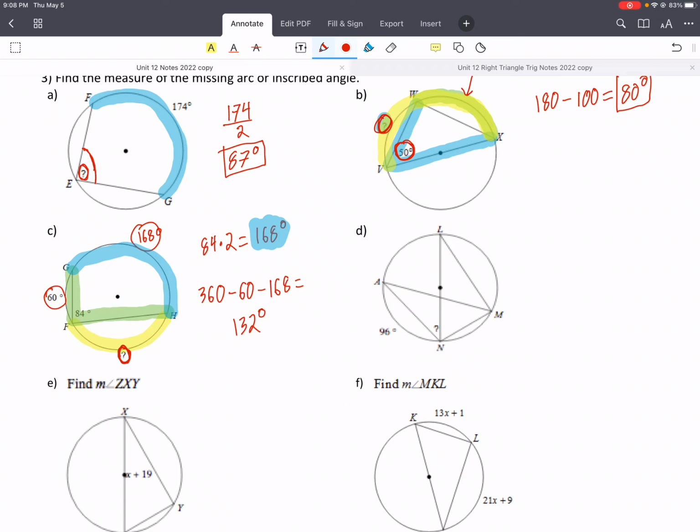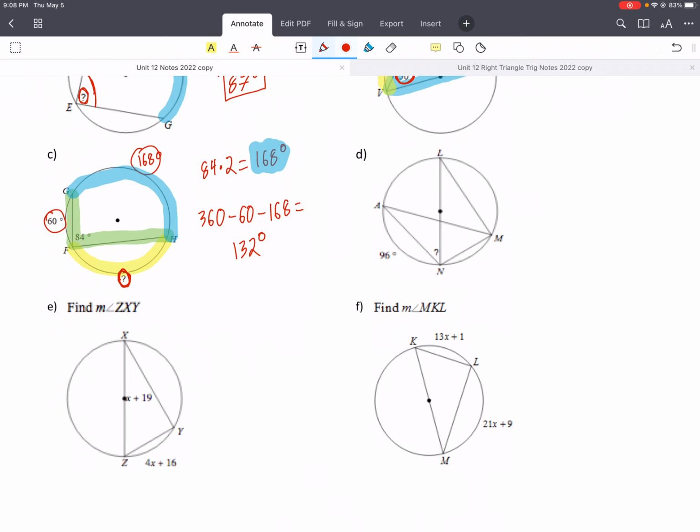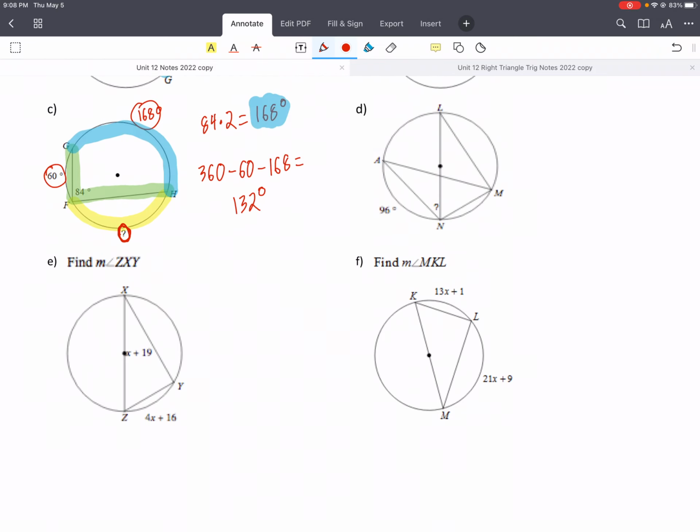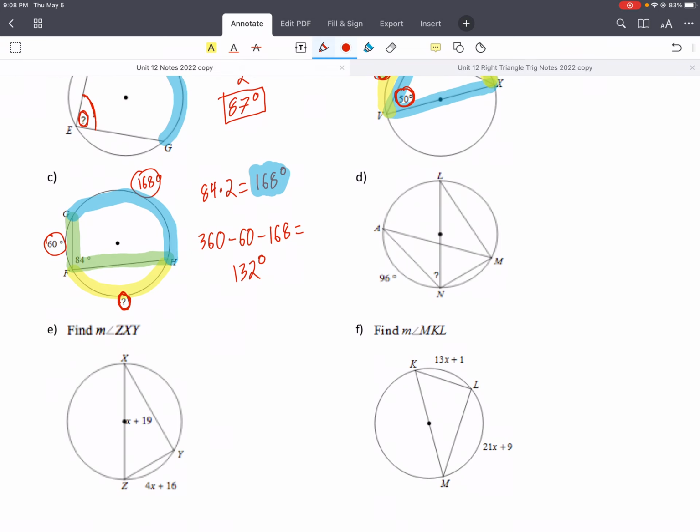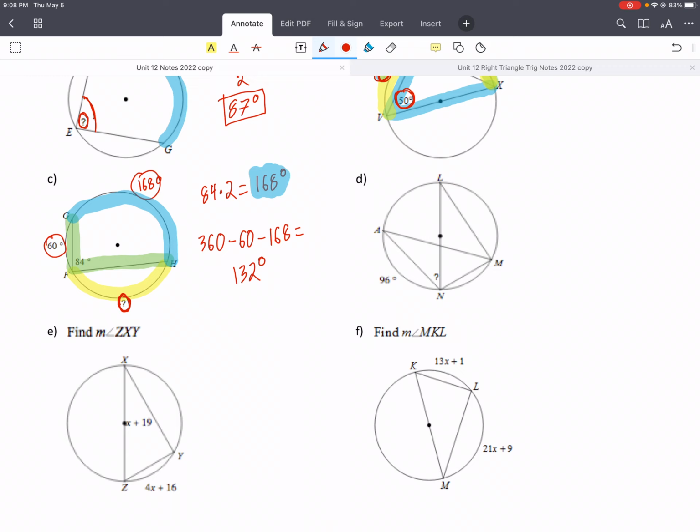All right. So now we get some fun stuff coming up. This D here looks kind of trippy, but we have this blue arc that we know is 96, and that corresponds to that angle right there.